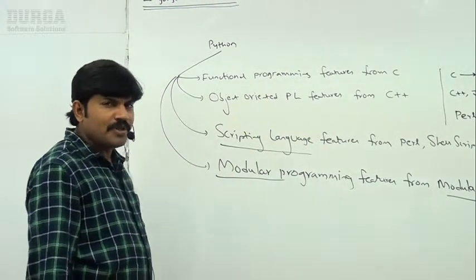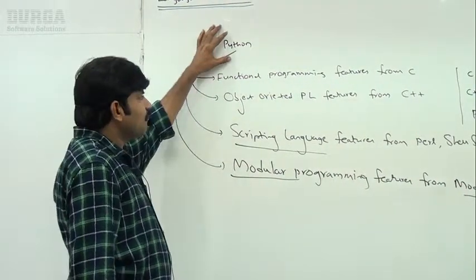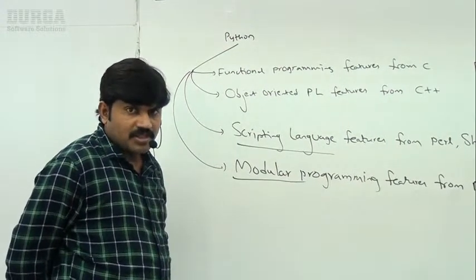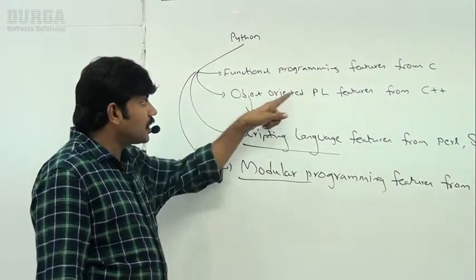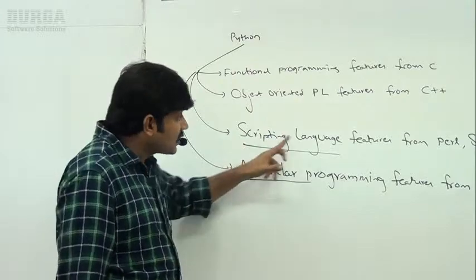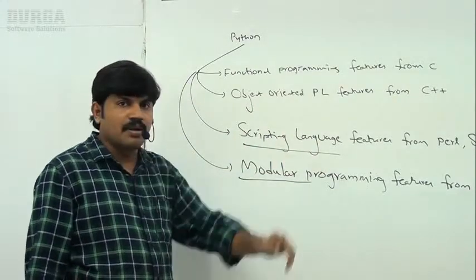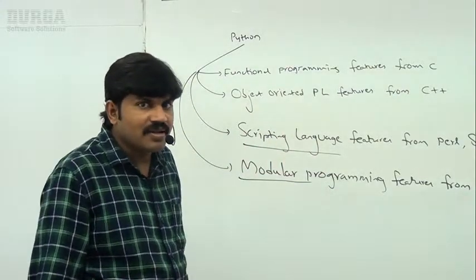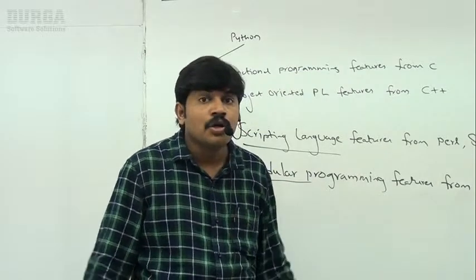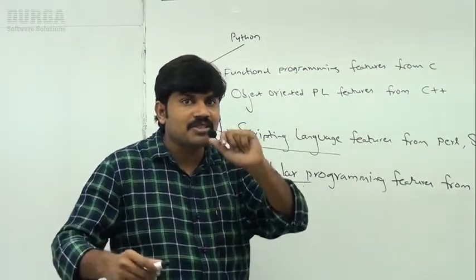Now can you tell me, is Python a functional programming language, or object-oriented, or scripting, or modular programming language? What answer do you have to tell? Python is an all-rounder. Are you getting the best word?